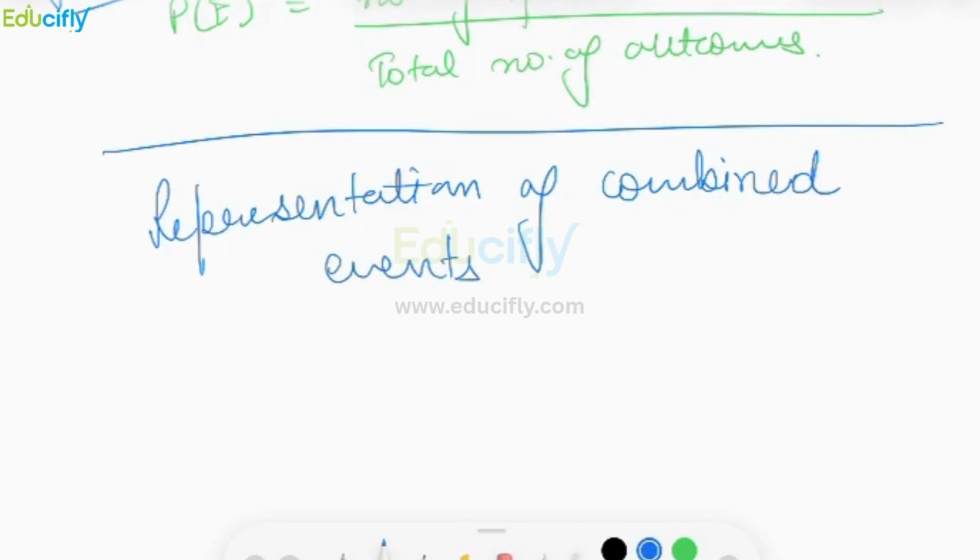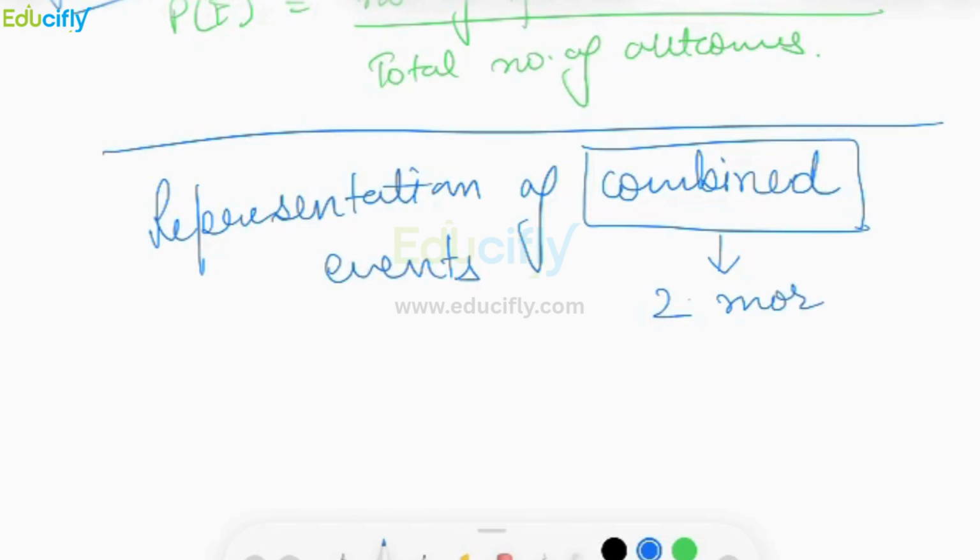Combined means when two or more events are given. Combined itself means they're not talking about one event, they're talking about more than one event, right? So it may be two or more than two events.